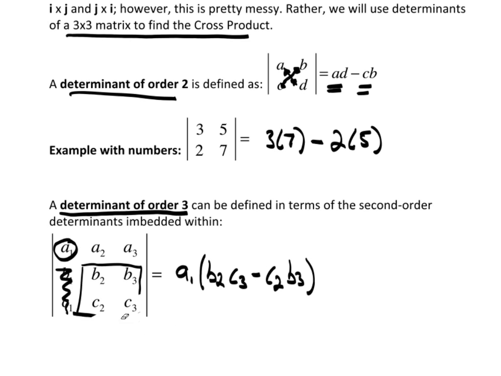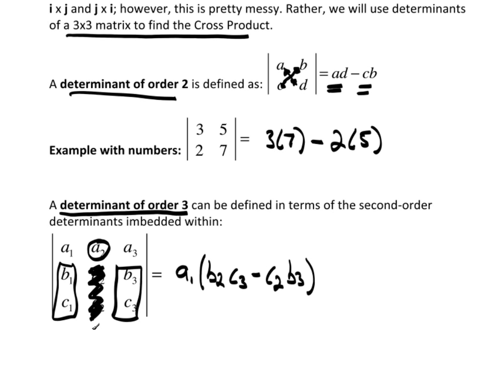So now, let me grab an eraser and get rid of this. Now I'm going to go to the next component of the determinant of order 3, and I'm going to key off A2. So I will have a 2x2 matrix made up of this guy and this guy.